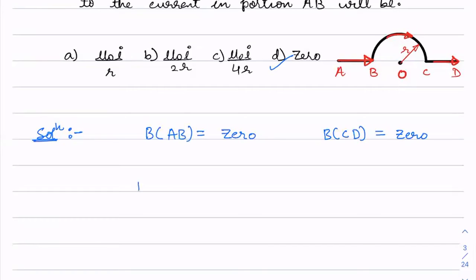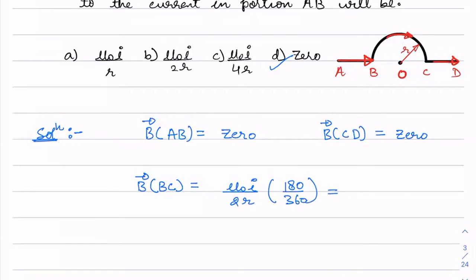Now the magnetic field value due to BC. How will I calculate it? Mu naught I divided by 2R, into 180 by 360.